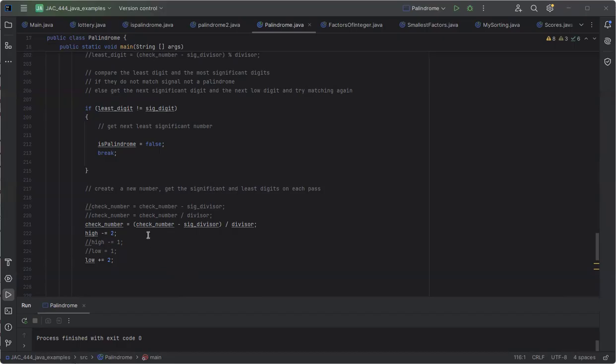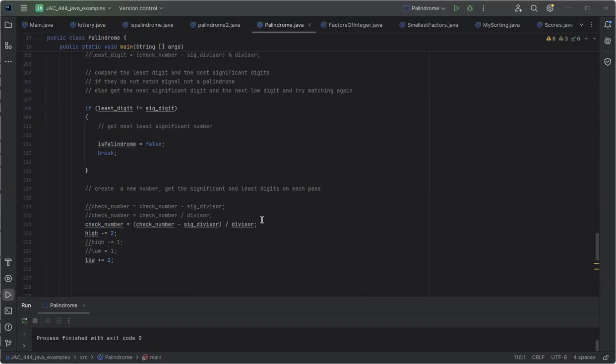So what we do to generate that number, 8 and 7, we generate a new number to check now, and we take that number, we minus what we originally had as the significant divisor of the number. Remember 9876, we have the significant divisor. In this case, now we take that divisor, subtract it from the check number. So we whittle down the number now to 876.